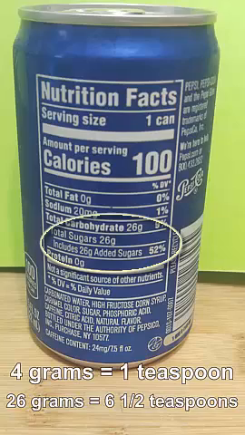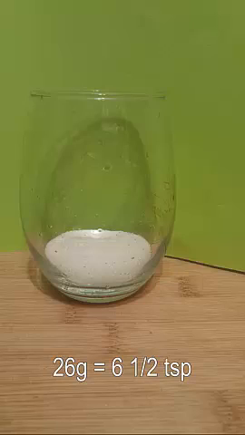Now when we convert grams to teaspoons, it's important to remember that 4 grams equals 1 teaspoon. So that means 26 grams equals 6.5 teaspoons. This is what 6.5 teaspoons of sugar looks like in a 16-ounce glass. And this is what 6.5 teaspoons of sugar looks like in the 7.5 ounces of cola.